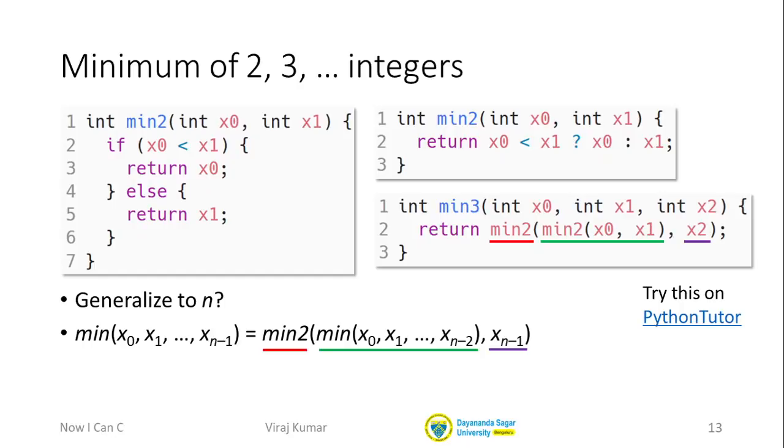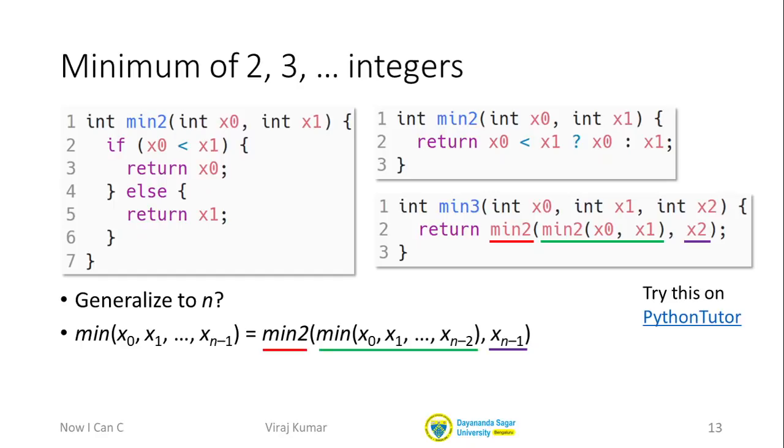So I can't have n integers on the left-hand side, and then n minus 1 integers on the right-hand side. But even though this isn't mathematically perfect, I hope you can get the idea of what we are trying to do. Now, when we are going to try and convert this into code, we will just have to find a way of expressing this in the C programming language, but the idea is hopefully quite clear.